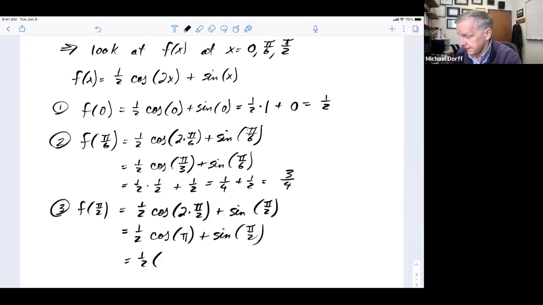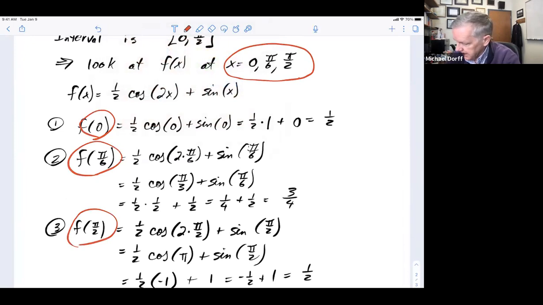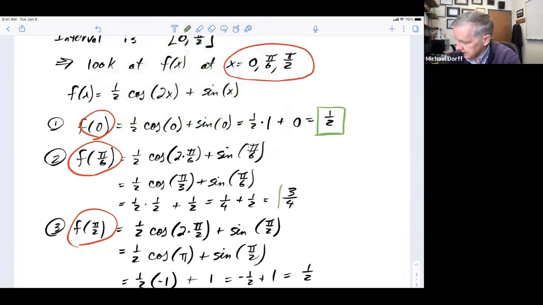And cosine of pi is -1. Sine of pi over 2 is 1. So we get -1/2 plus 1, which is 1/2. So we've used all three of our points, and we evaluated the function at all three of those, and we ended up here with the values of 1/2, 3/4, and 1/2.